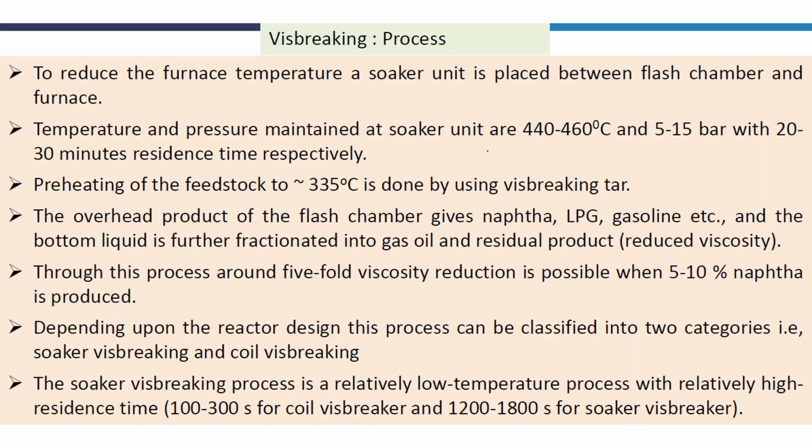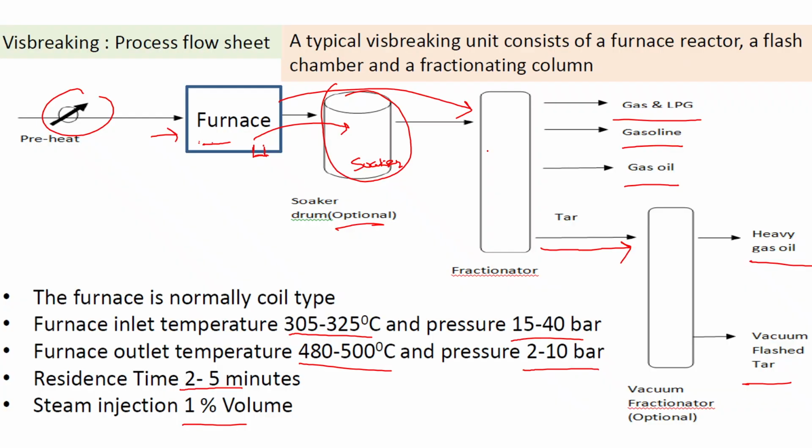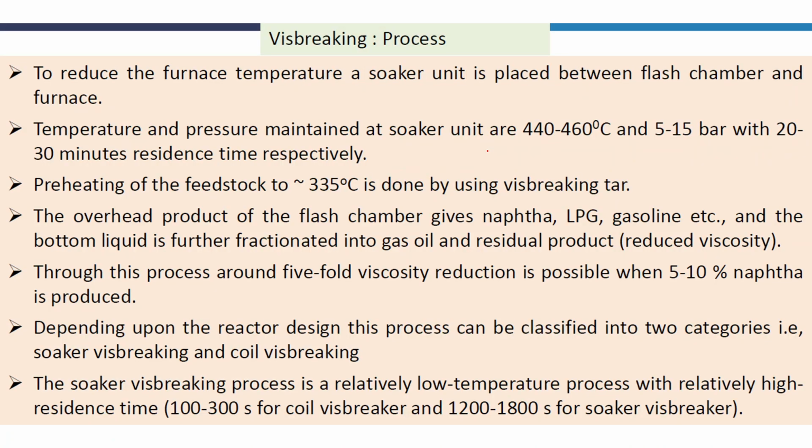So to reduce the furnace temperature, a soaker unit is used. The furnace temperature is high, but when we want this breaking to take place at smaller temperature for a large time, in the furnace we keep it for a smaller time, and after that it goes to the soaker where temperature is lower and it stays there for a longer time. To reduce the furnace temperature, a soaker unit is placed between the flash chamber and furnace.